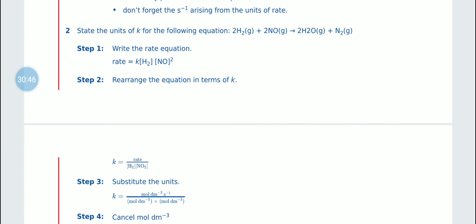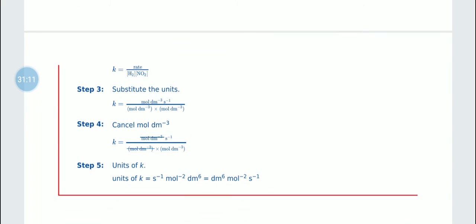Then 2H2 + 2NO giving 2H2O + N2, where the rate equation depends on H2 and NO2. Then again we do the same thing. The rate is mole per cubic decimeter per second. Here they have actually made a mistake.